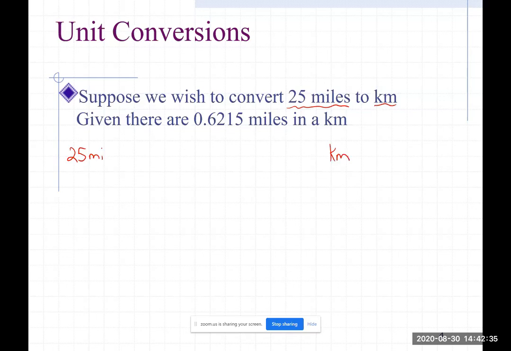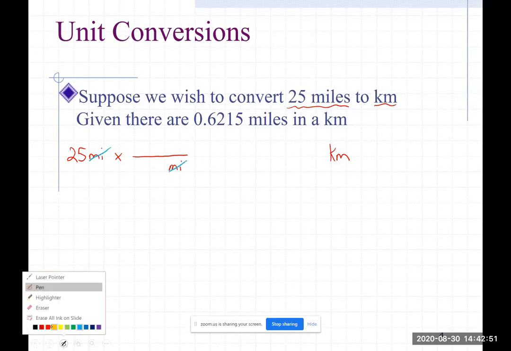And we're looking for conversion factors to take us from miles to kilometers. If we're cross-canceling, that means that we need to put miles on the bottom here so that we can cross-cancel from the top to the bottom. We know that when we have any number over 1, that number is just itself.